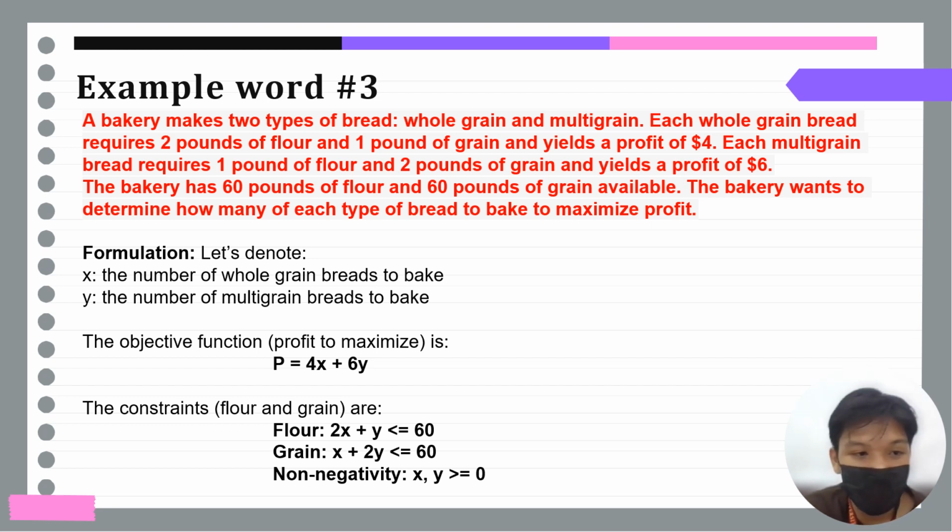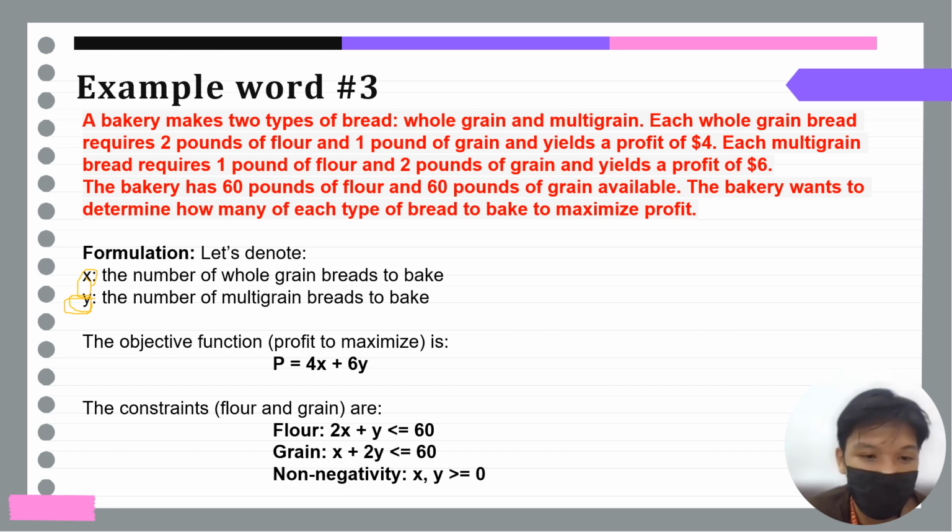First, we need to formulate or denote the data. As you can see, x will be the number of whole grain breads to bake, and y will be the number of multigrain breads to bake. Our objective function, which is the profit to maximize, is P equal to 4x plus 6y.